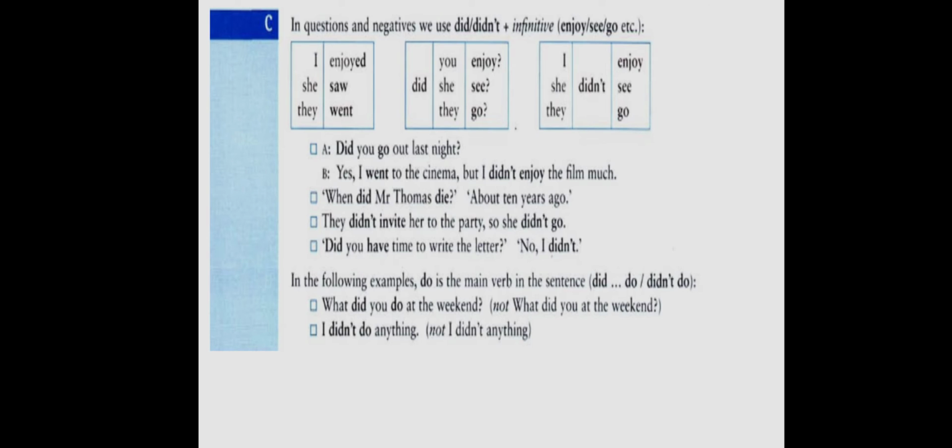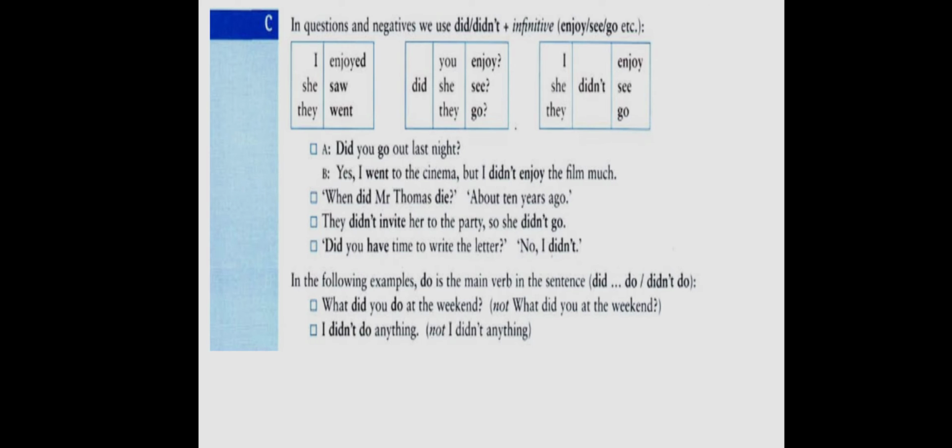So the negative sentence becomes like this: I didn't enjoy. When we use didn't, we change the verb enjoyed into its original form, into the base form, enjoy. So it becomes I didn't enjoy.